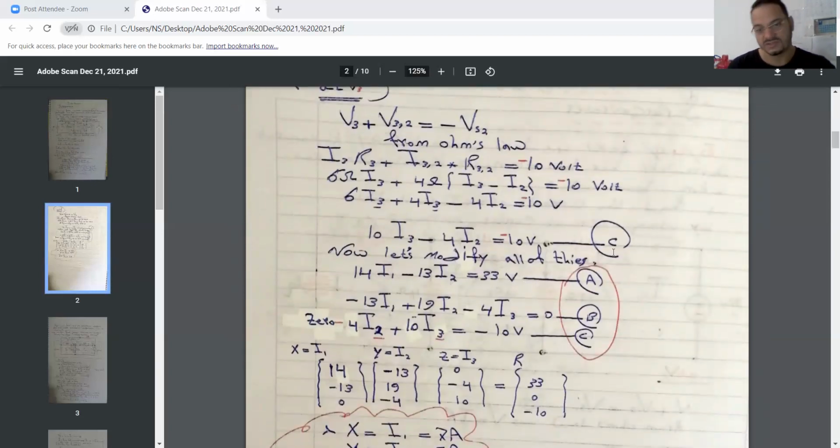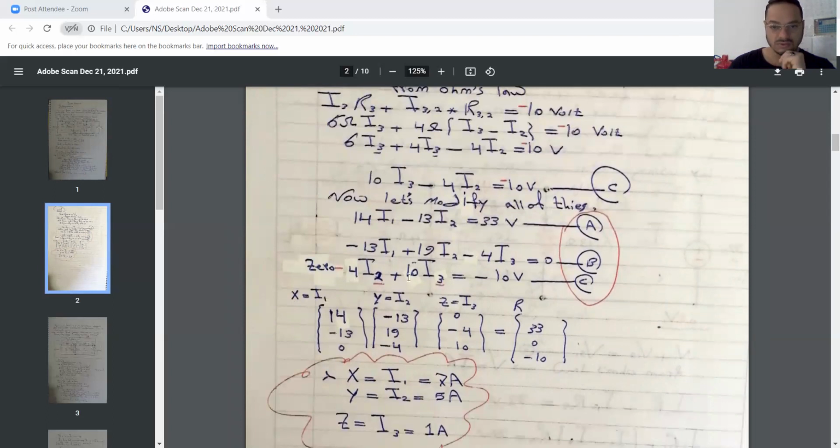This is equation C. Now we have A, B, C. Just to simplify or organize the last equation again. Here I put a 0 because I don't have any value of I1, that means 0.